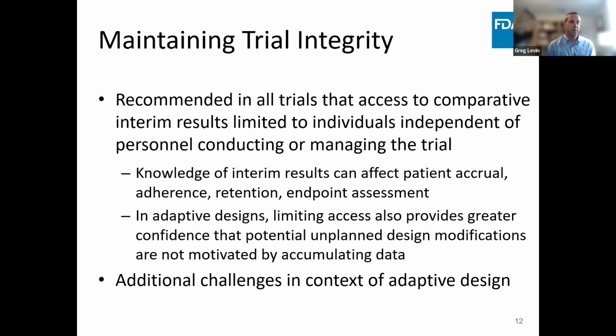Also, in adaptive designs in particular, limitation of access to such results can provide greater confidence that potential unplanned design modifications are not motivated by accumulating data.